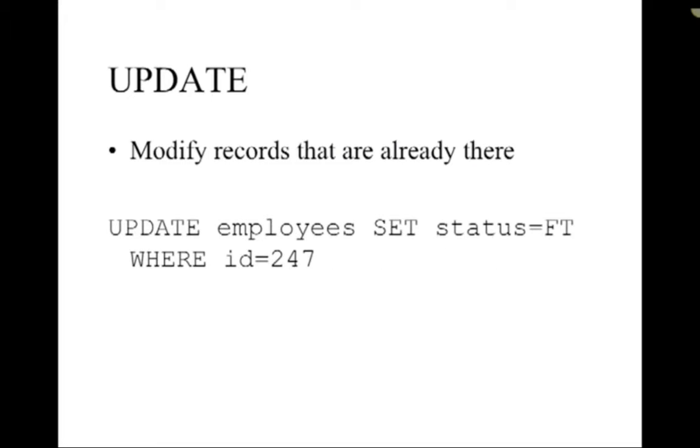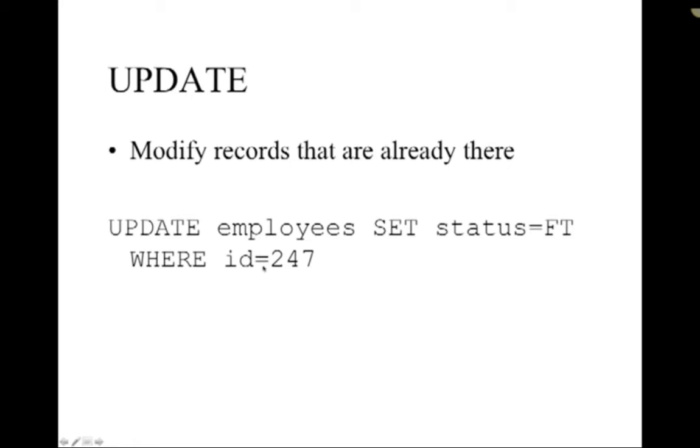And update is going to allow you to change records that are already there. So we say update, we specify our table and what we want to change. So we use set. Now in this example, status is a field, and we're telling it to change the field to full-time, and now we're specifying what we want to match it to, or our criteria.